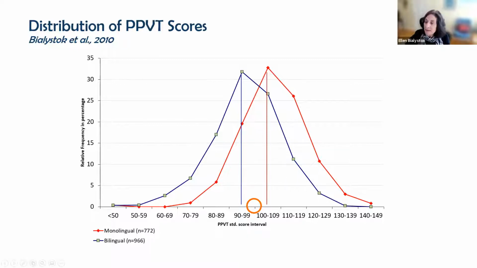So on the basis of this, and this is a ton of data, right? These are thousands of participants. Can we say that monolinguals know more vocabulary than bilinguals? Well, here are the monolinguals for whom that is true.